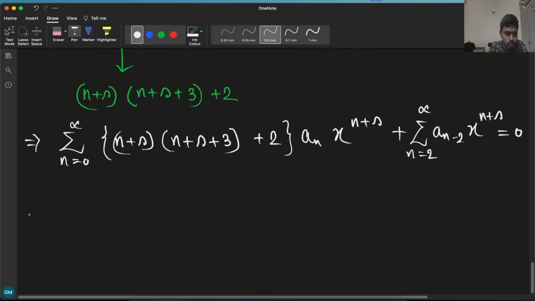Now what we will do, we already did this kind of trick.